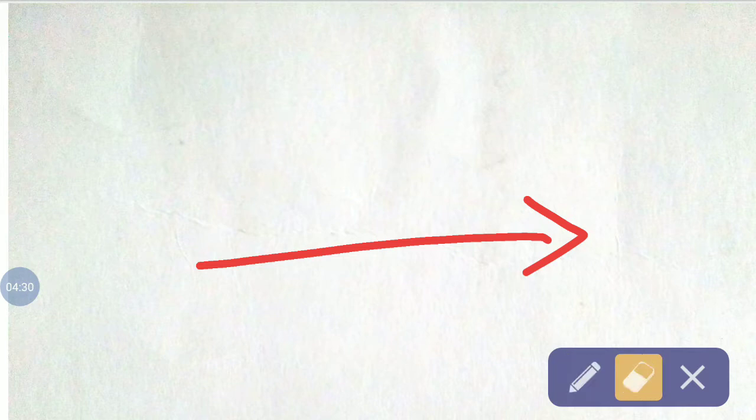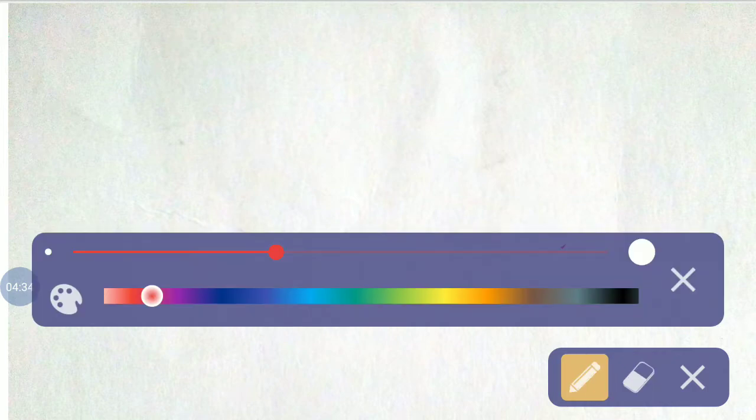If I have taken this angle, it's not compulsory that we will draw it in the same way. This is your angle.